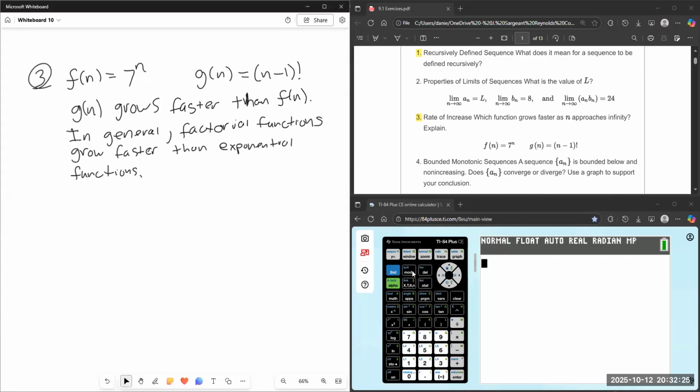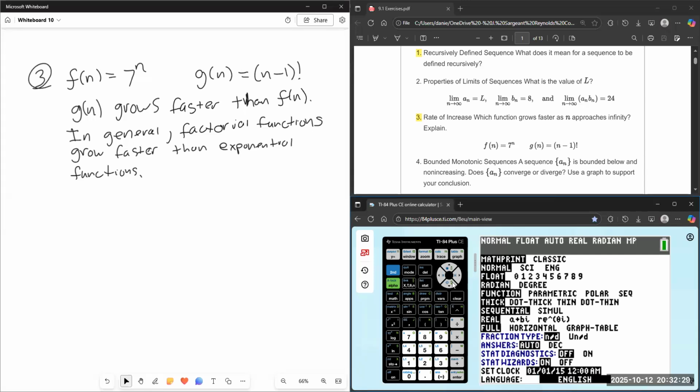You're going to want to be in sequence mode in your calculator. So you're going to want to change modes here to sequence, and that's going to give you a sequence of dots that are not connected.